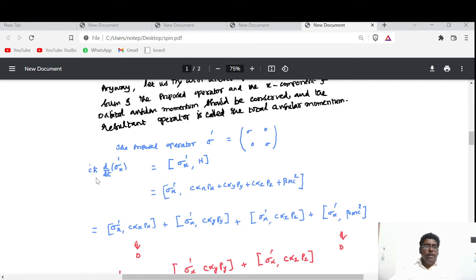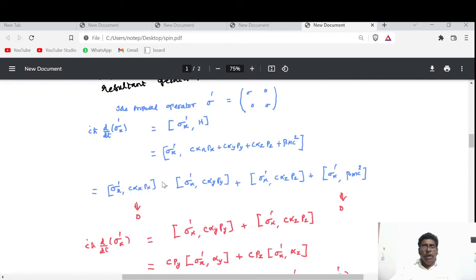Once again, start our journey with our equation of motion. iħ d/dt of sigma x dash is equal to [sigma x dash, H] inside the square bracket. Substitute the value of H. Now, align the terms. [Sigma x dash, Cαx px], sigma x dash Cαy py plus sigma x dash Cαz pz plus sigma x dash β mc².